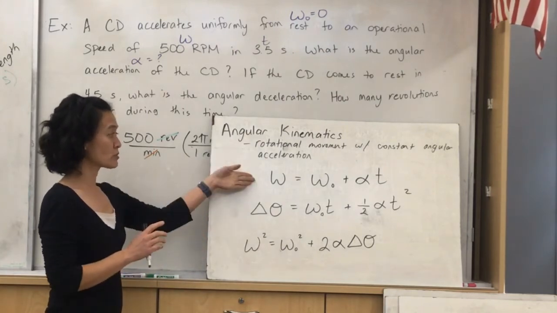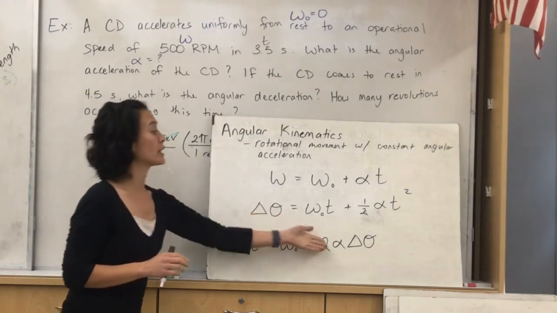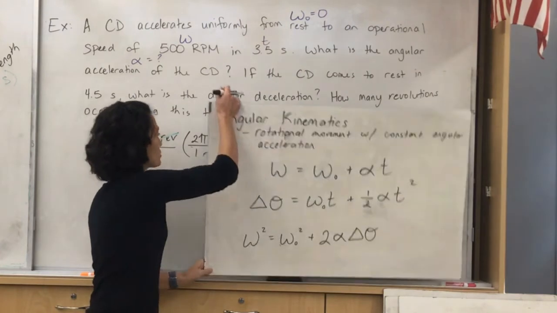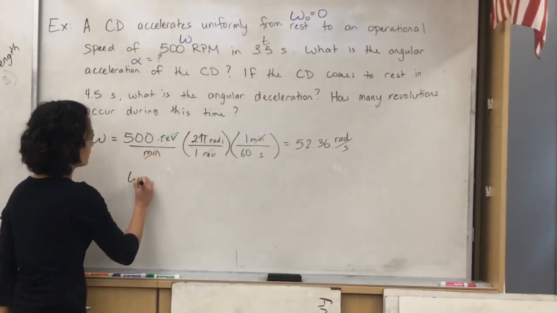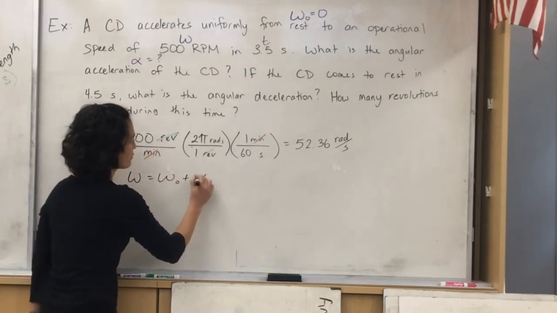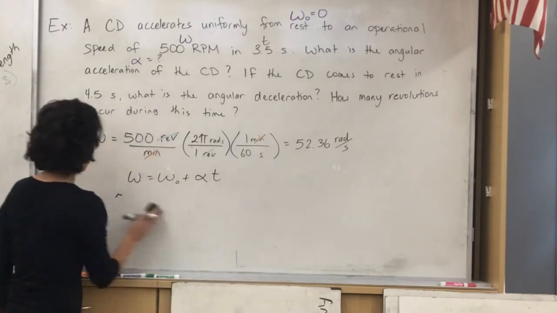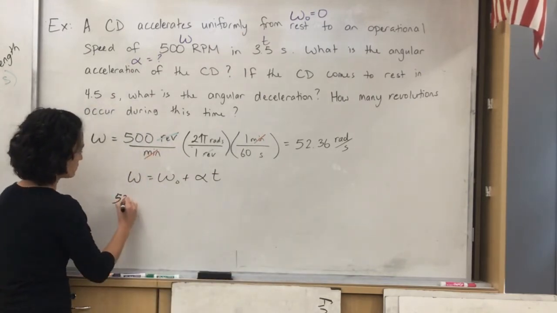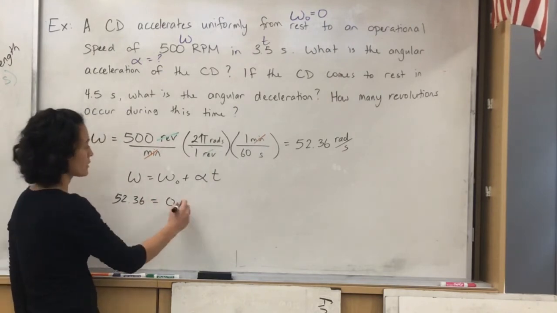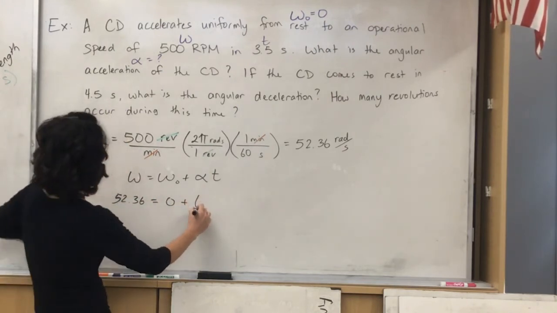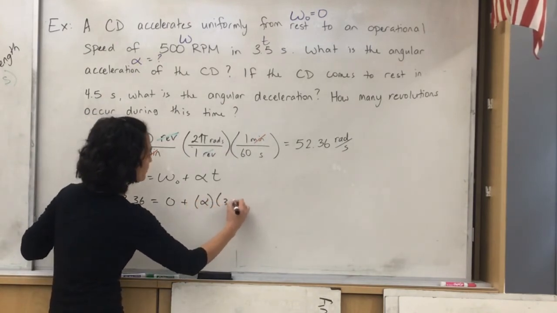Hopefully you're seeing we're going to use this first equation, because I don't have any understanding of what the theta value is. That first equation says omega is equal to omega naught plus alpha t. So 52.36 is equal to 0, that's my initial velocity, plus alpha, that's what I'm looking for, times 3.5.